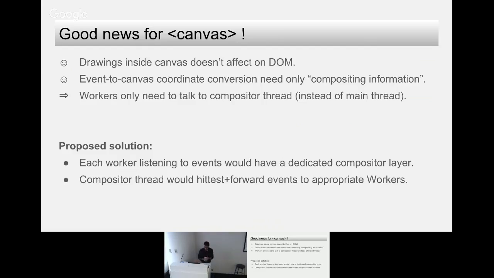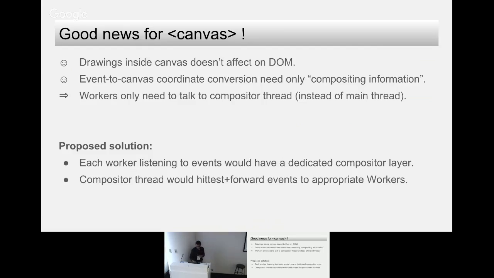This is exactly what is called composite scrolling. So here's a proposed solution: each worker that wants to listen to an event will get a dedicated compositor layer somehow, and then the compositor thread will do the hit test and event forwarding to the appropriate worker. This is the simple one.